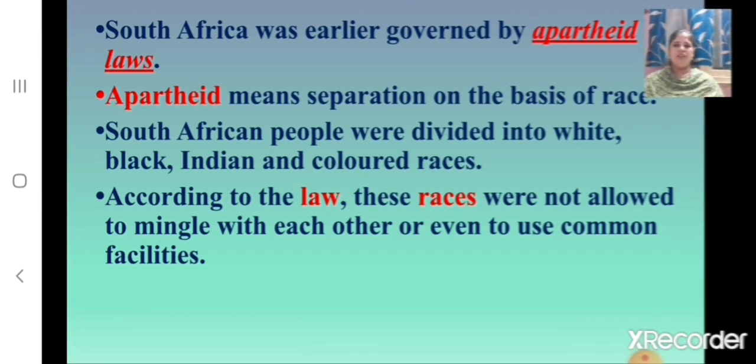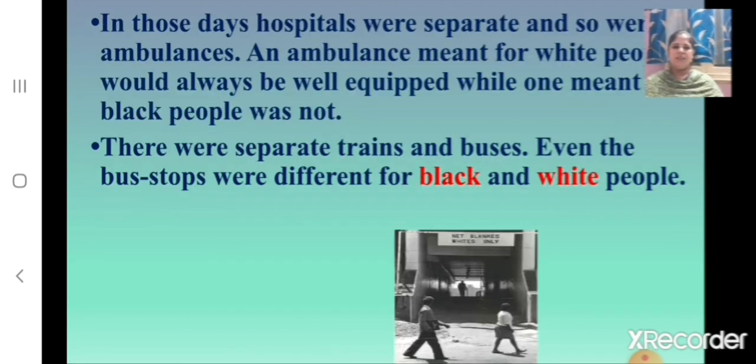On hearing all these things, Maya was not believing her ears. When Maya's mother was telling her about all this, she sounded angry when she spoke about life under apartheid. Her mother told her that in those days hospitals were separate and so were the ambulances.